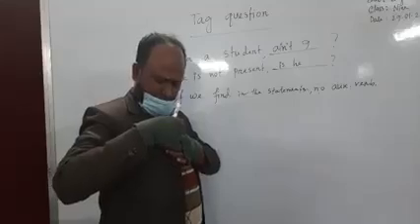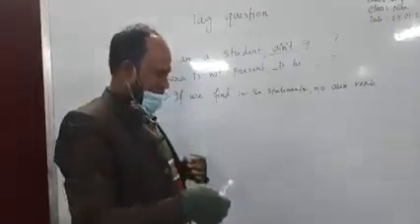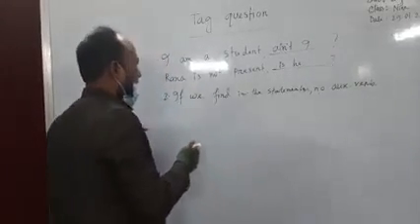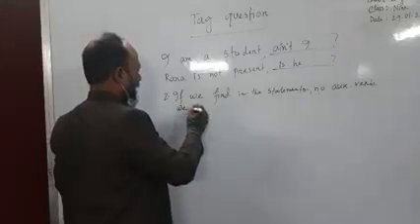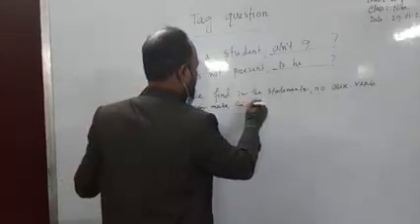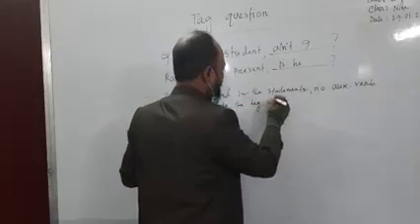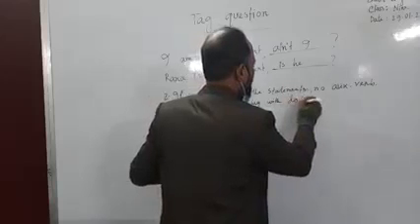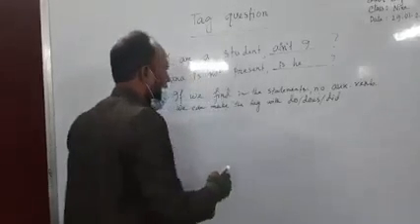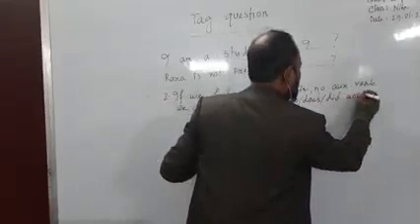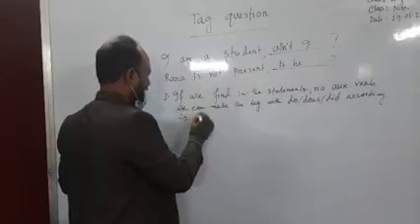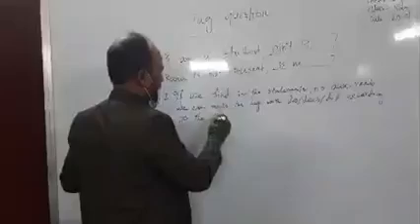Dear learner, if we find no auxiliary verb in the sentence, we can make the tag with do, does, did, according to the tense.